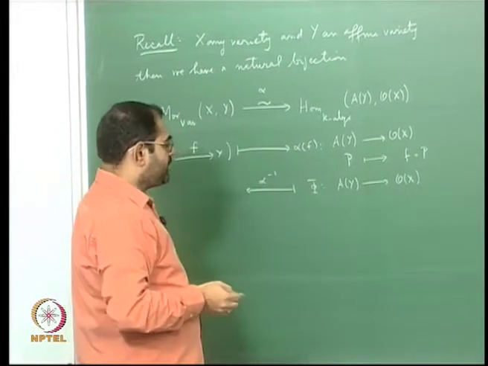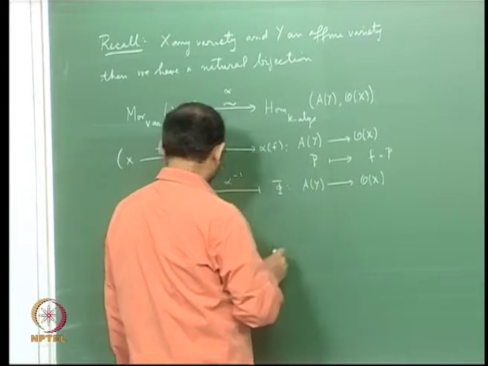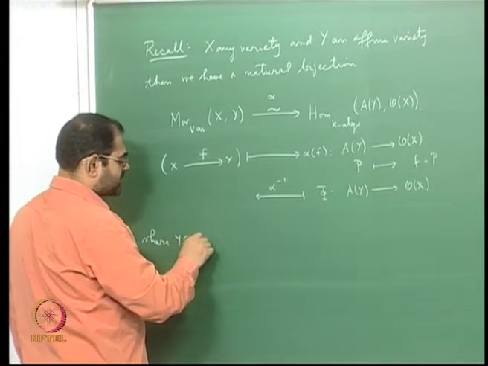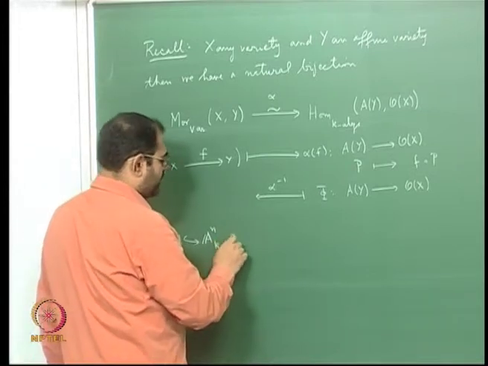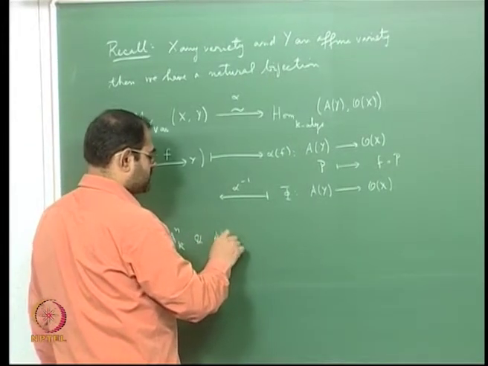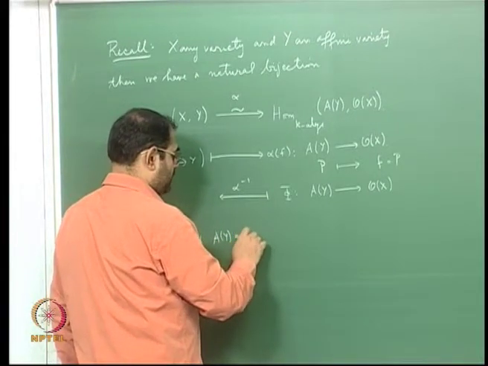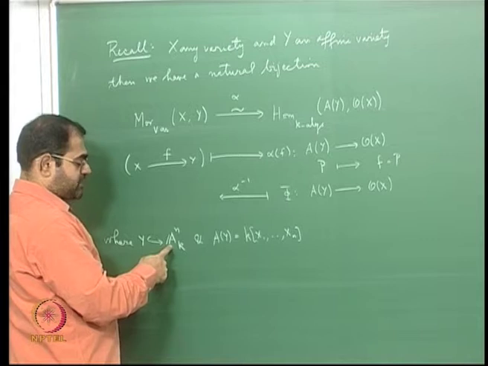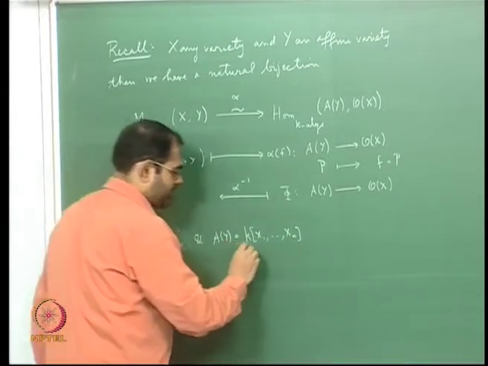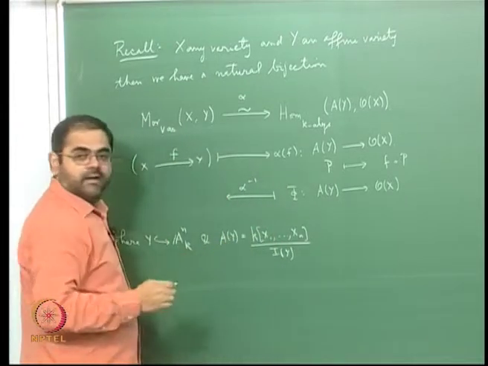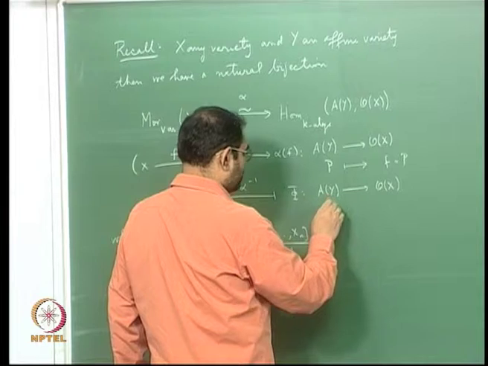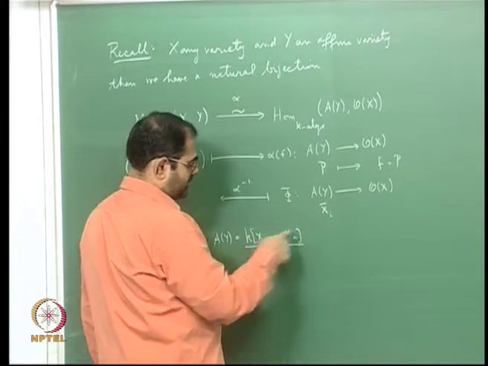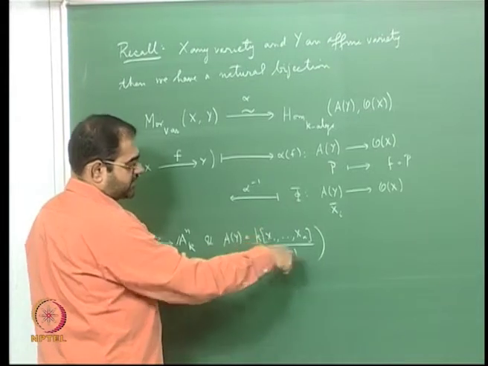You assume that Y is thought of as sitting inside affine space, and A(Y) is just K[x1,...,xn], which are the polynomials on the affine space, the xi being the coordinate functions, divided by the ideal of Y. So what you do is that you just take the xi bars, which are elements here, they are the images of xi in this quotient.